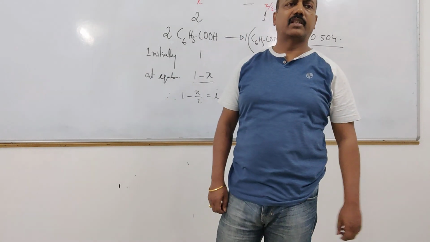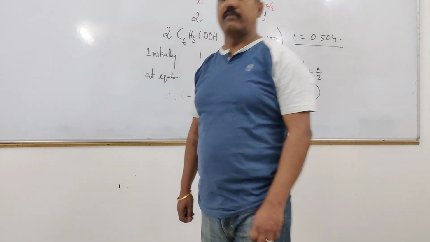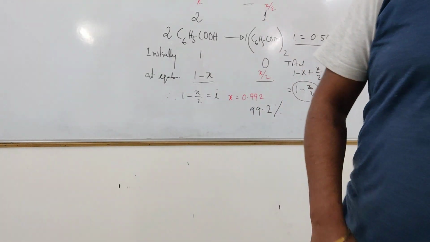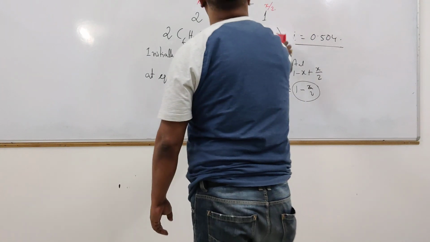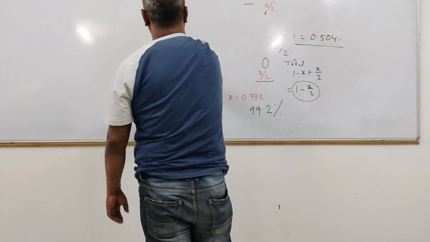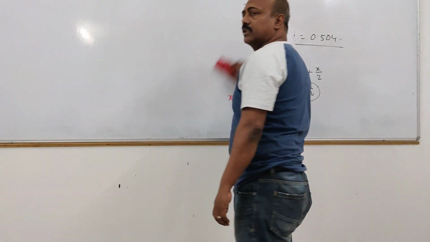Read the question again nicely. I will ask and then you will proceed. Same way, similar way. Here only in place of association, the dissociation is there. So the value of i should be.